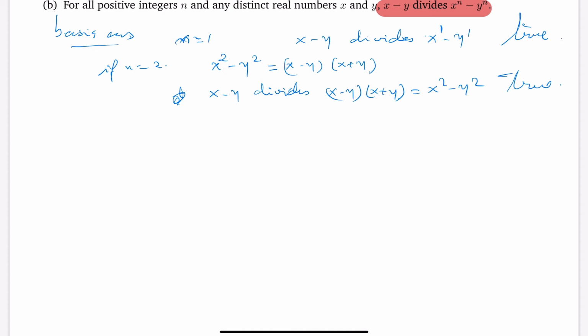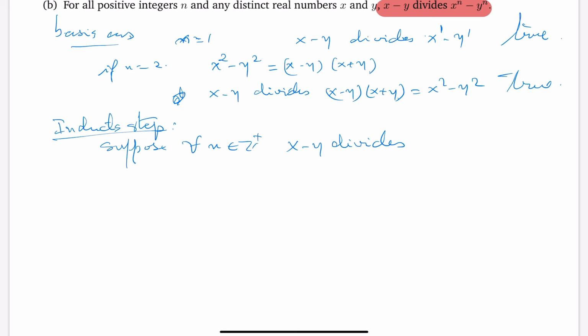Now let's do the inductive step, okay? Now, let's suppose for all positive integers n, we have x minus y divides x to the n minus y to the n, okay?